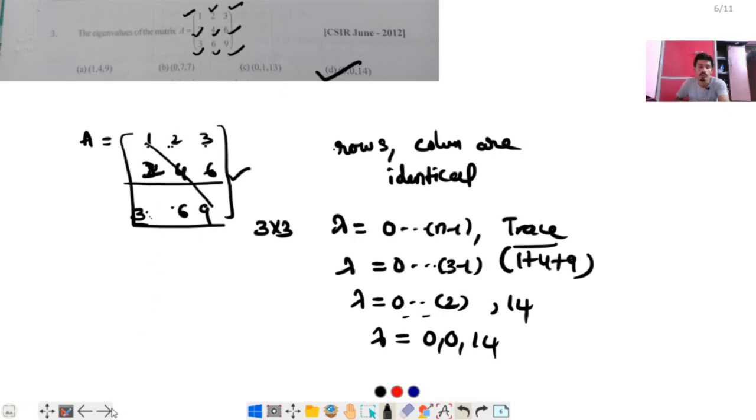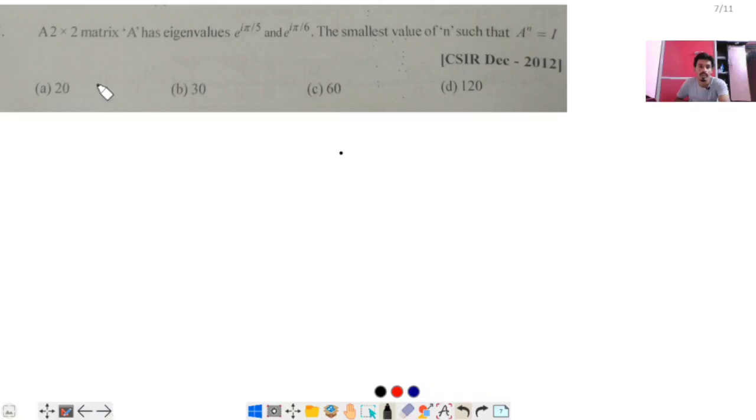Now you will go to another problem. A 2 by 2 matrix A has eigenvalues e power iota pi by 5 and e power iota pi by 6.